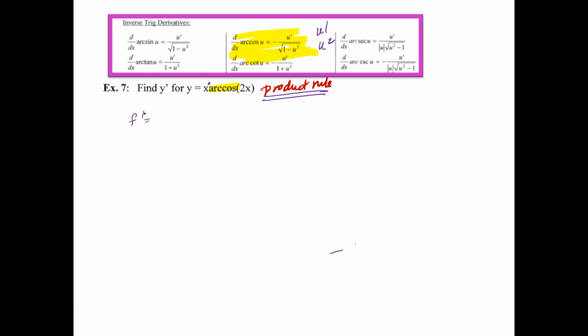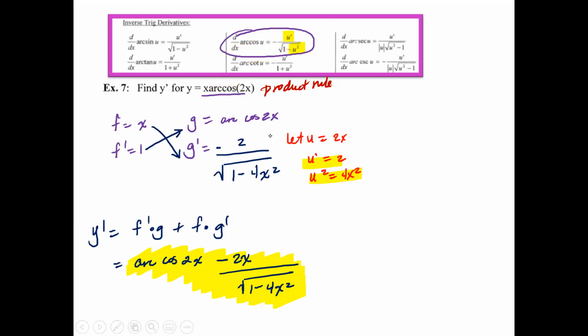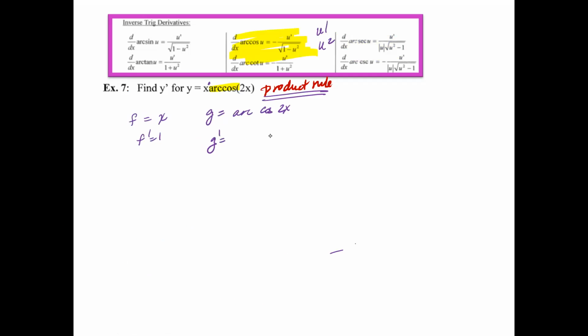So f prime, or excuse me, f is going to be equal to x, f prime is 1, g is going to be arc cosine 2x, so then g prime, so arc cosine in this situation, g prime is going to be negative u prime over square root of 1 minus u squared.